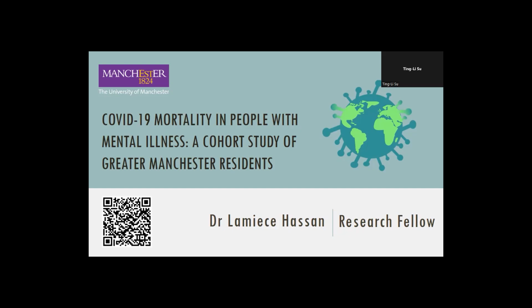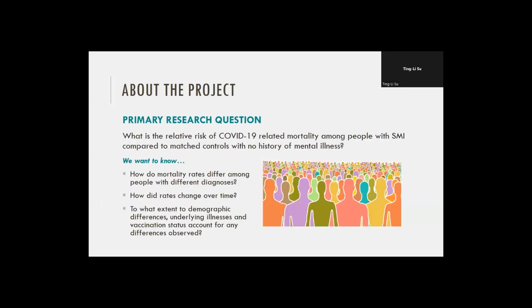Okay. So our project aims to investigate differences in COVID-19 related mortality amongst people with severe and enduring mental illness. What we wanted to know, basically, were what COVID mortality rates were amongst people with different diagnoses of SMI, how they changed over time, and try and unpick some of those underlying reasons behind why we might be seeing some of those rates.